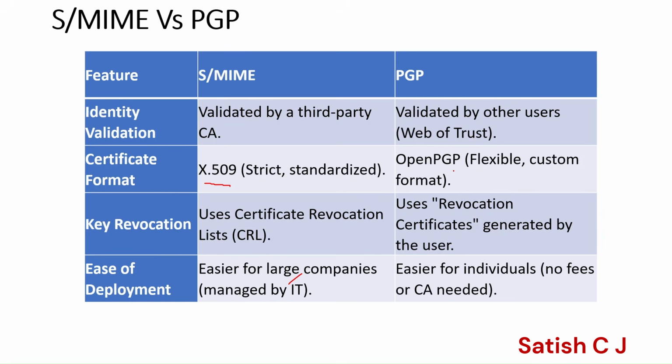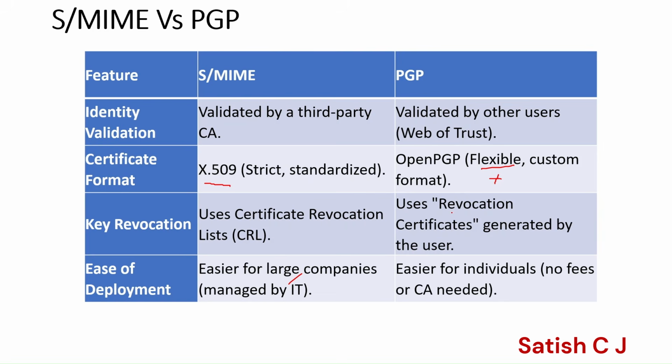Here it is OpenPGP, a flexible custom format we use. There is no standardized, strict format like X.509 here. And for key revocation, we use a certificate revocation list. Say if a private key is broken for a party, then that specific X.509 certificate will be moved to a certificate revocation list. So we use such a list for verification of certificates.